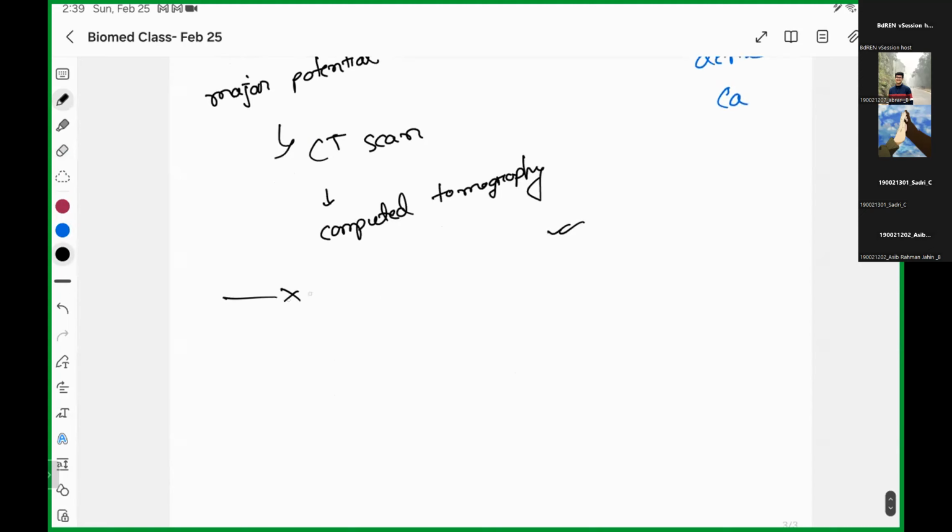Now, the materials can be divided into two types.